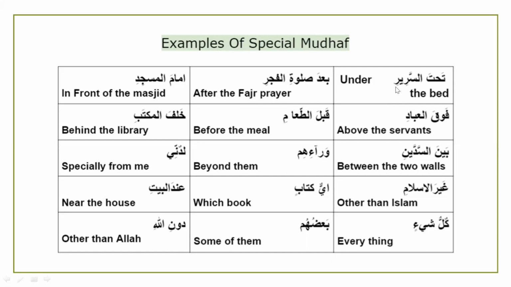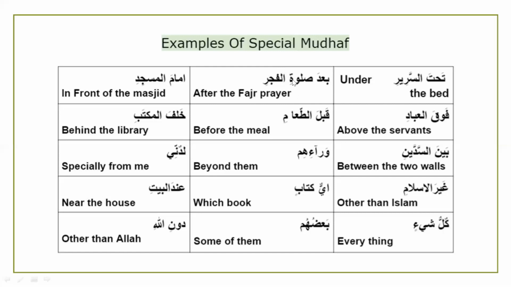So as-sariri is in jar status. And then we have ba'da salatil fajri. Ba'da is special mudaf, and then salati is mudaf ilayh, that's why it's jar. But again it's playing as mudaf, it has a dual role. This is mudaf ilayh for ba'da, but it's a mudaf for al fajri. So mudaf and then mudaf ilayh.